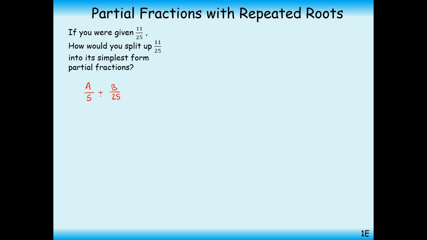Now, which of these fractions is larger? Actually, the one with the lower denominator is larger. So you would say a over 5 is more significant than b over 25. Therefore, you write your partial fractions like so.